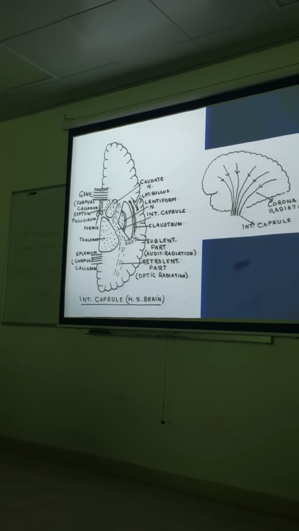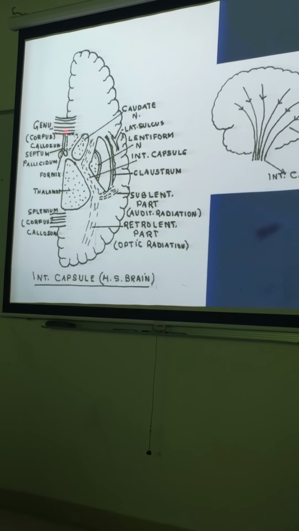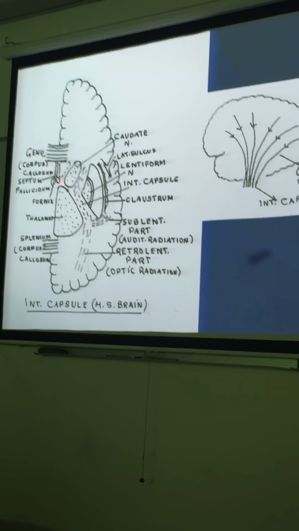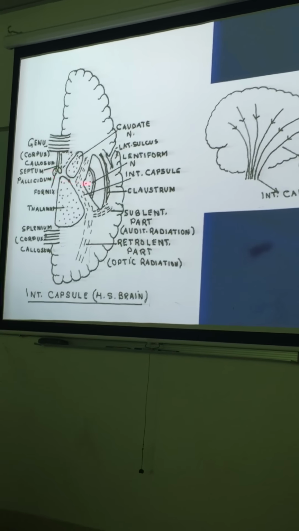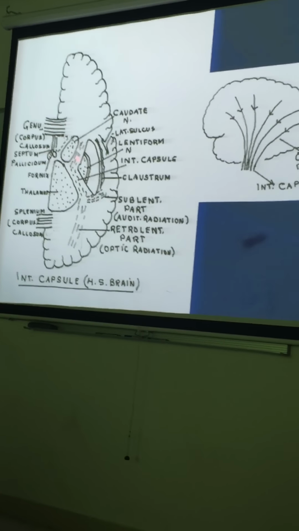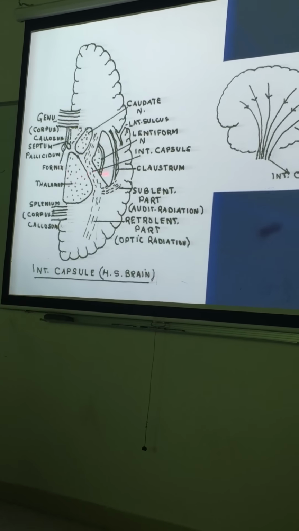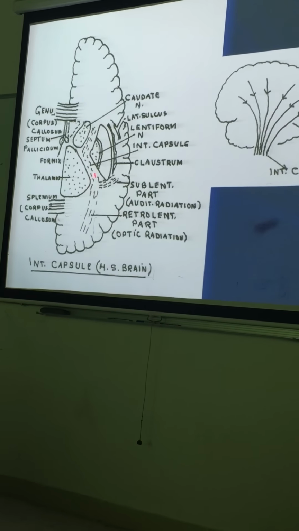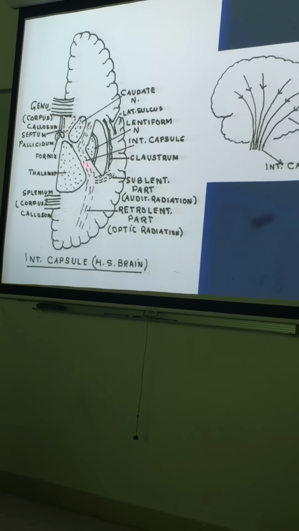Can you repeat it? Yeah, this is the corpus callosum. I have written here corpus callosum. Below this there is a septum, double layers, and below the septum there is fornix. Then on the lateral here you have caudate nucleus, big gray matter, thalamus, another gray matter, and lentiform nucleus, another gray matter. In between there is internal capsule area.